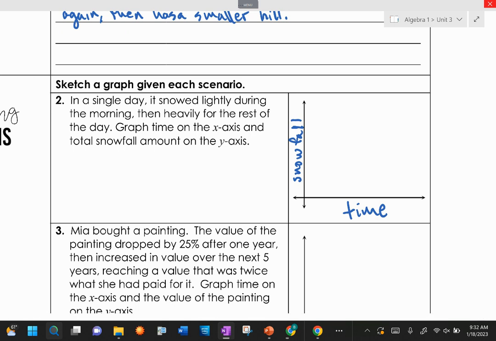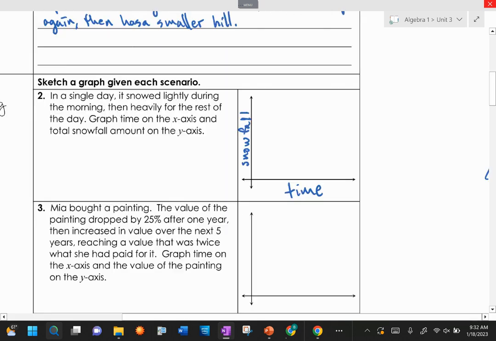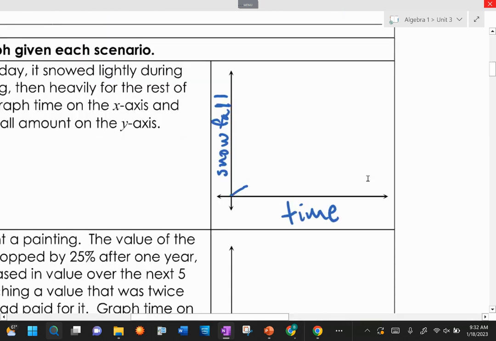Okay, so how would we show snowed lightly throughout the beginning of the day and then heavily for the rest of the day? I'd go maybe a slight increase. There we go. It's going to be one of those days, I guess.